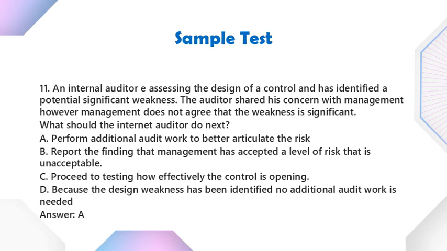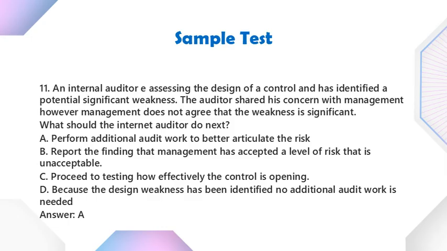11. An internal auditor is assessing the design of a control and has identified a potential significant weakness. The auditor shared his concern with management, however management does not agree that the weakness is significant. What should the internal auditor do next? A. Perform additional audit work to better articulate the risk.